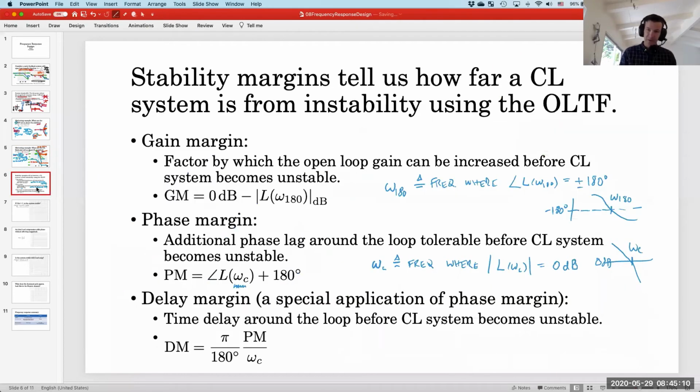So the phase margin is an angle, right? It's a degree measurement, but it occurs at a certain frequency. And so the amount of delay in the time domain that corresponds to this number of degrees at this many radians per second is exactly this operation.